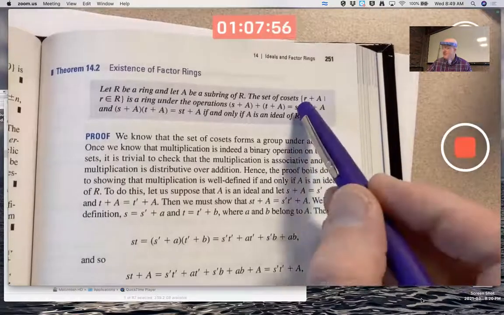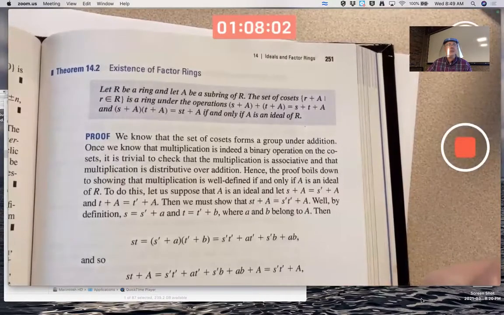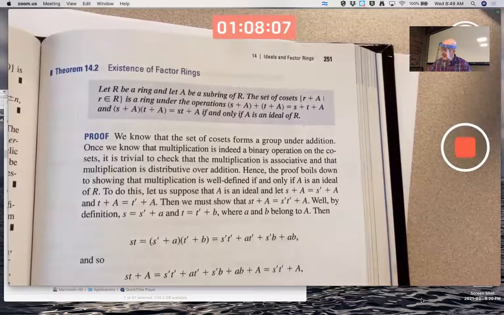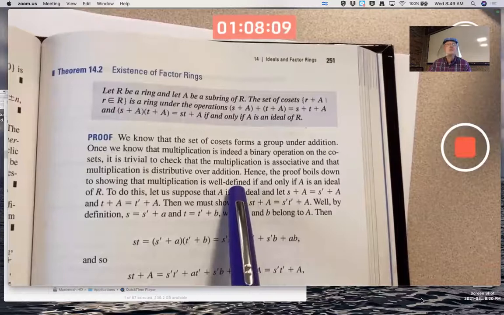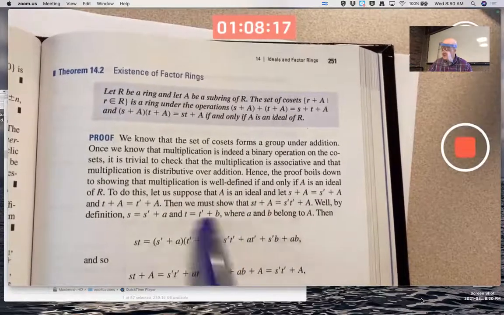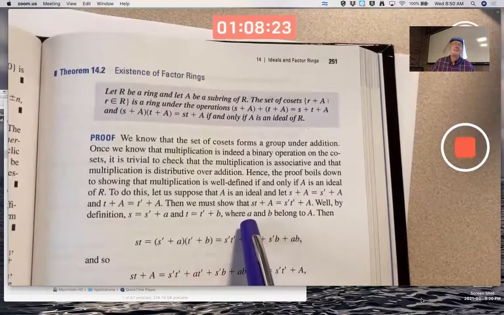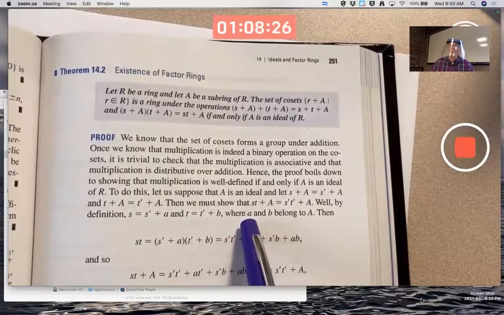So we write r plus A for an arbitrary left coset in the factor ring. And what the definition of an ideal allows us to do is to show that multiplication is, hey, there it is, well-defined. The definition of an ideal is set up to make this multiplication well-defined, so you can prove it's well-defined. Whereas if A is a subring that's not an ideal, then the multiplication is not well-defined.